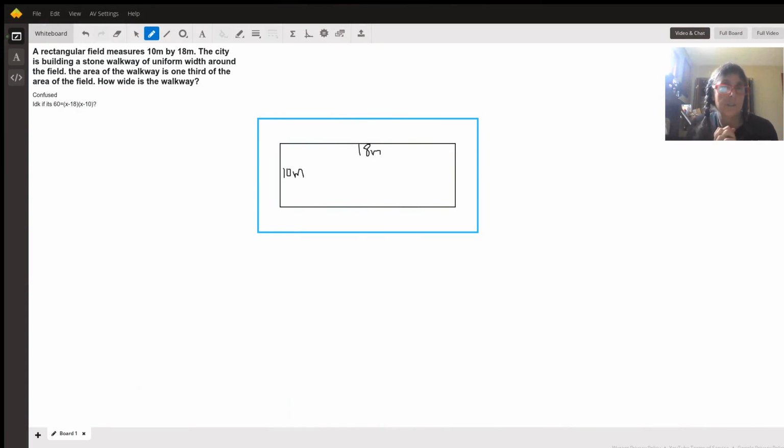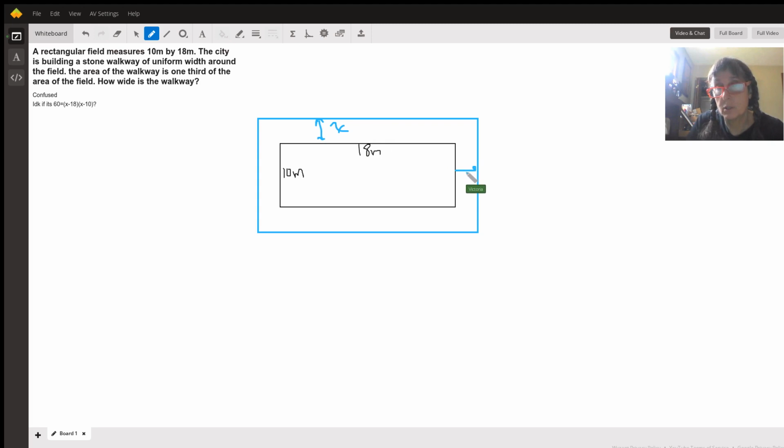We're going to solve this rectangular field surrounded by a walkway. Because it's uniform width, it means that each of these widths are the same. So we're going to call this width x, and it's the same thing as this width.